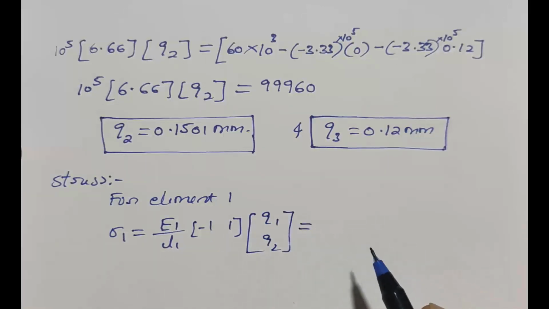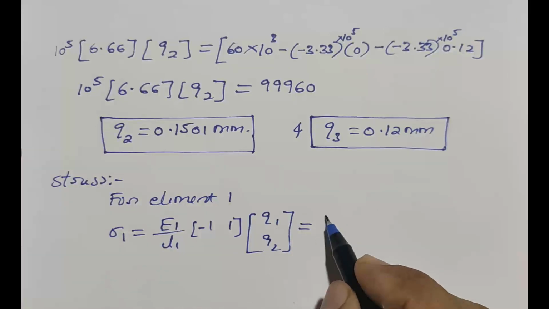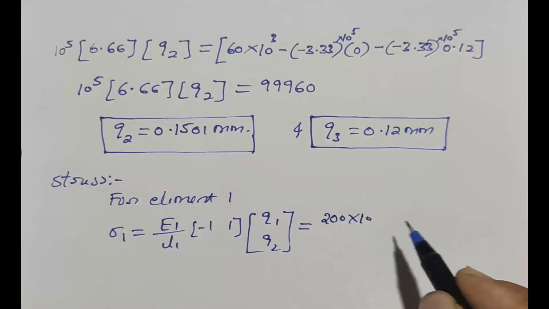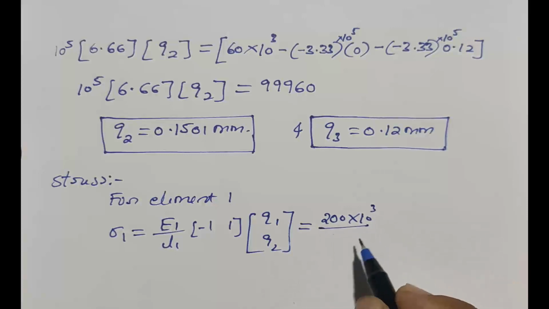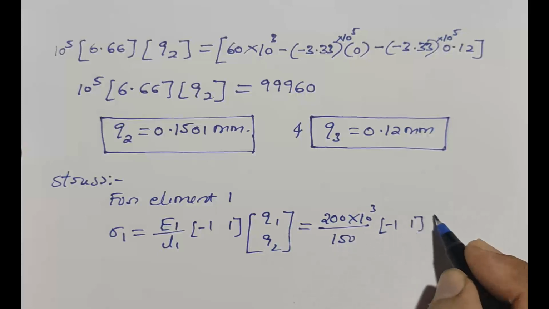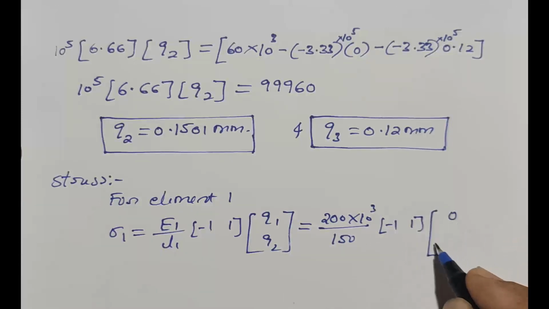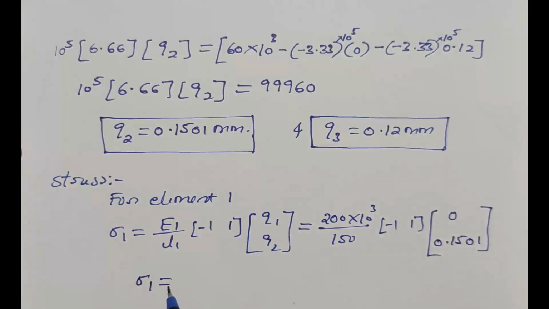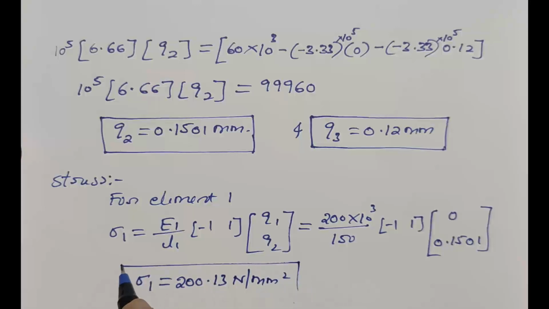E is 200 GPa, that is 200 into 10 power 3, divided by the length 150, times minus 1, 1, with Q1 is 0 and Q2 is 0.1501. If you simplify this, you will get sigma 1 is equal to 200.13 Newton per mm square. This is the stress in element number 1.